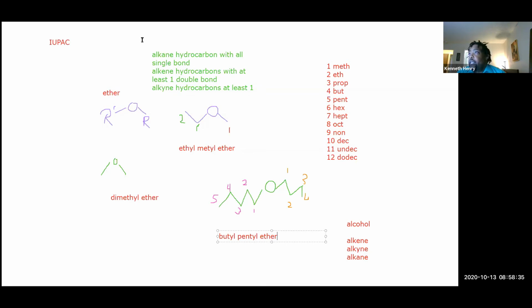On the priority table, technically ethers are here, although if there's a double bond or a triple bond, they actually start falling into the other categories.